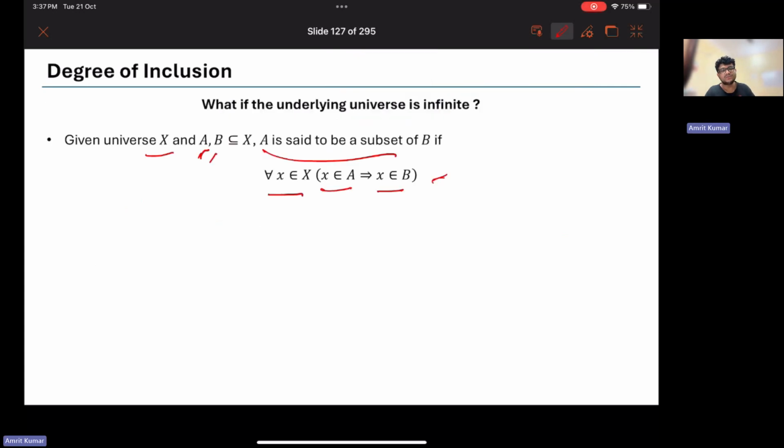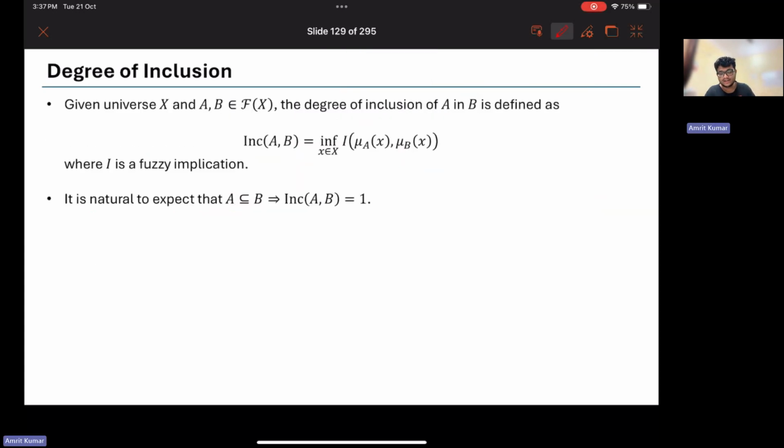So it is natural to expect that if A is a subset of B in Zadeh's sense, that is, the membership function of A is always less than or equal to the membership function of B, then this inclusion degree should be equal to 1, right?